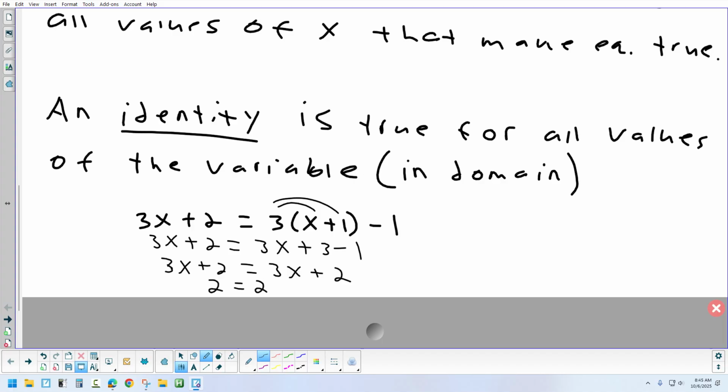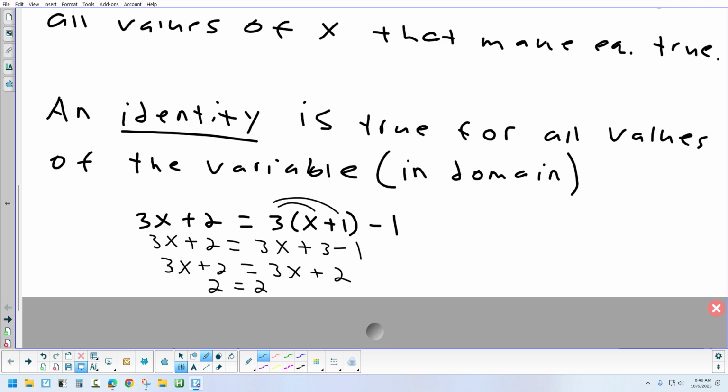Whenever all the letters cancel out, and you end up with a statement that's true, that's an identity. What that means is no matter what value you plug in for x, it would always work. You can't find a number to plug in for x that wouldn't work. Every single number would work. It's because you have the same thing on the left and on the right.